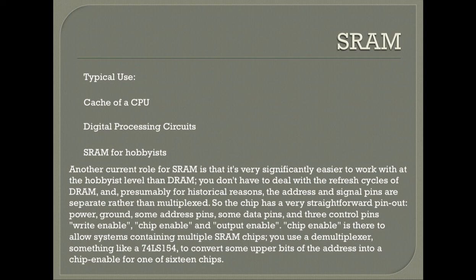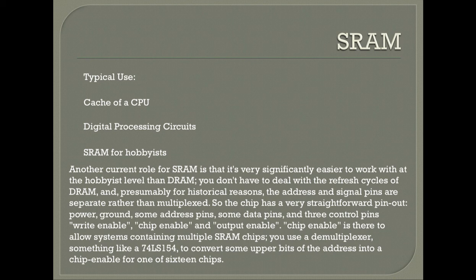For one, you don't have to deal with the refresh cycles of DRAM. And for historical reasons, the address and signal pins are separate rather than multiplexed. So the chip has a very straightforward pin in, pin out. Power, ground, some address pins, some data pins, and 3 control pins. So you have write enable, chip enable, and output enable.